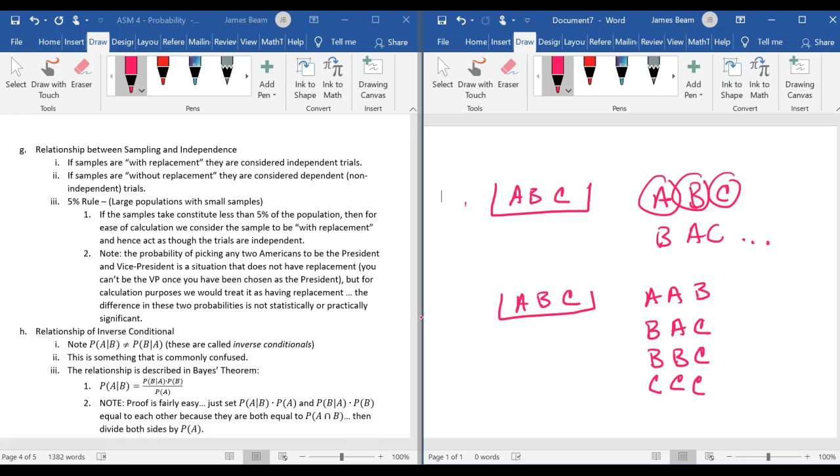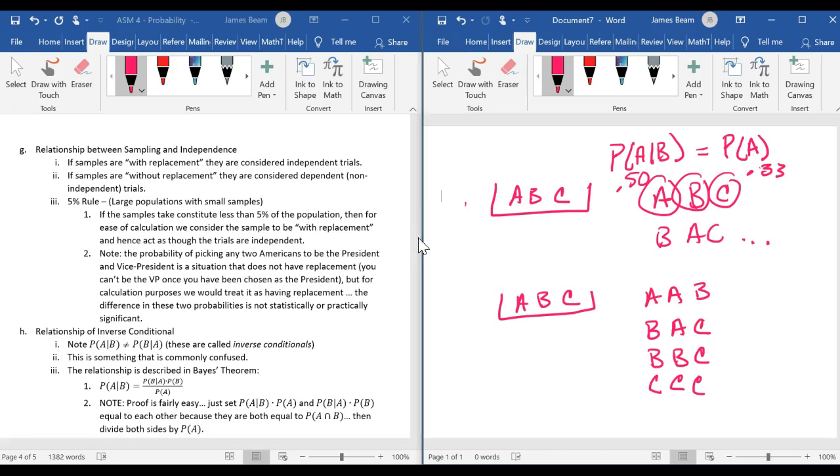So the trials here are dependent, right? The probability of getting A in the second trial, given that I got B in the first trial, is not the same as the probability of A, because this would be 50% as opposed to 33%.